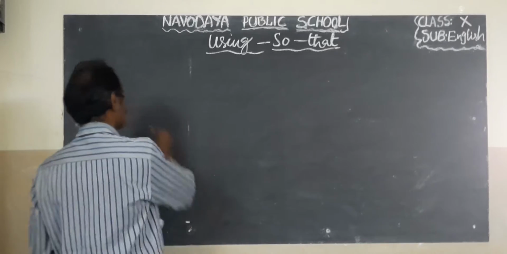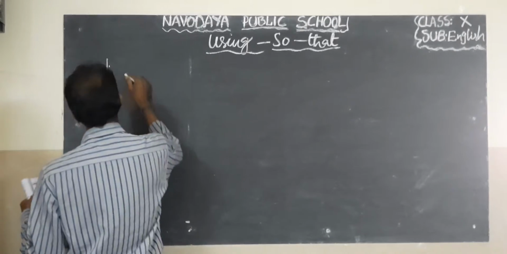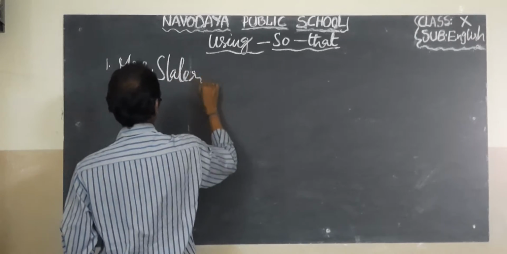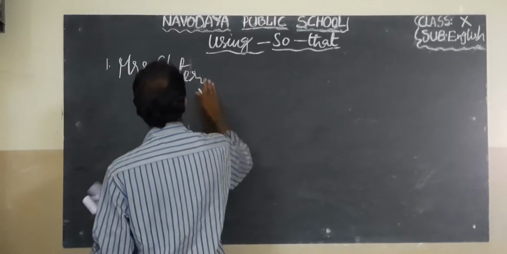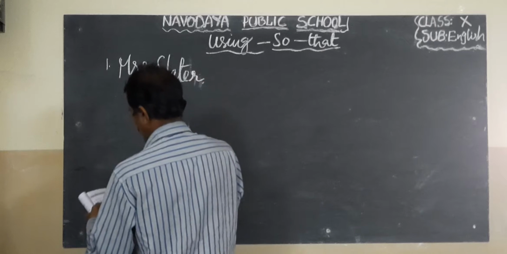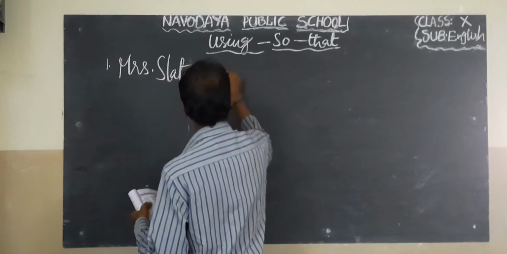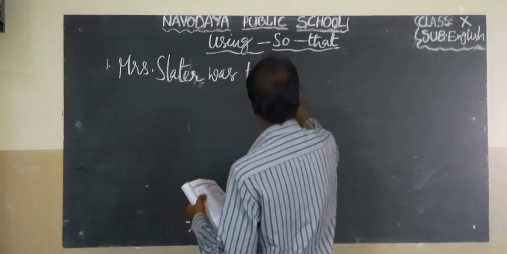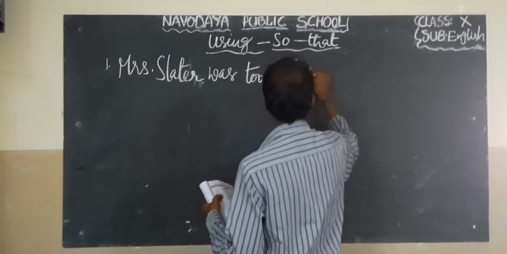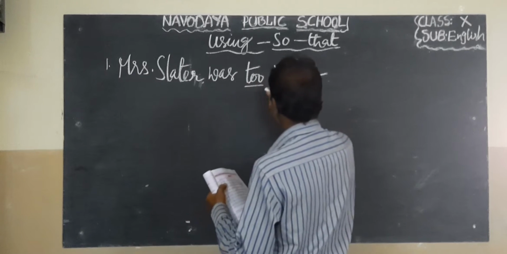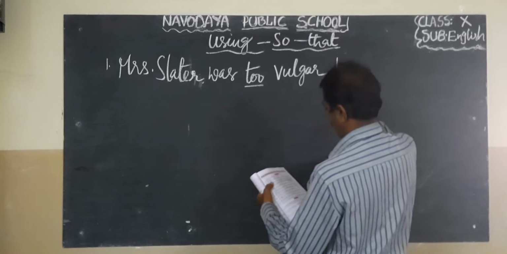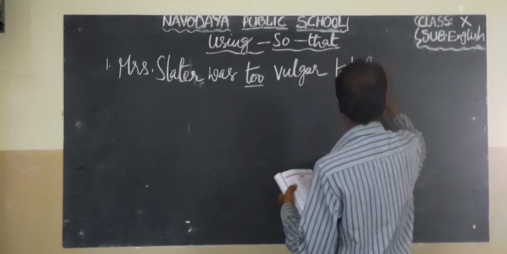Say, for example, children, the first one: Mrs. Slater was too vulgar to help anyone.